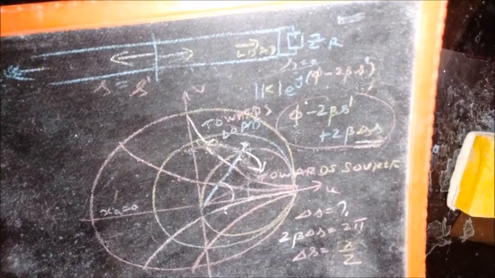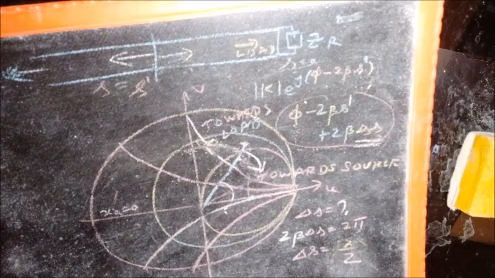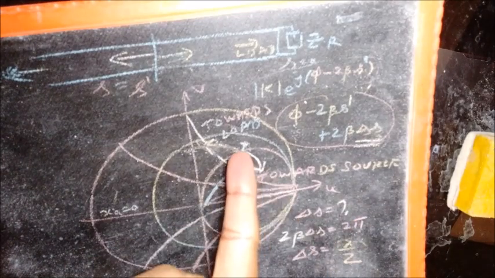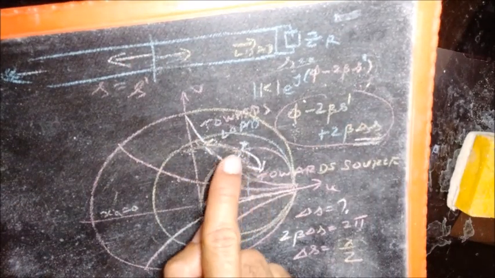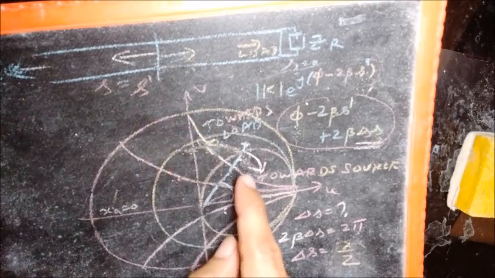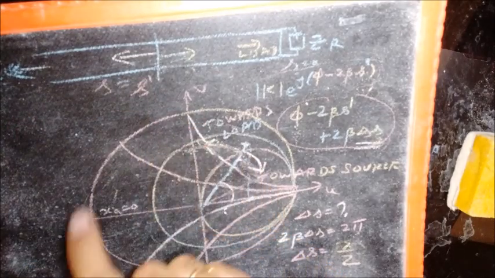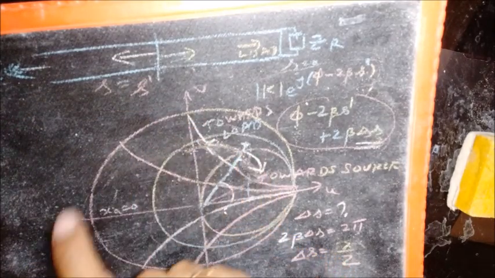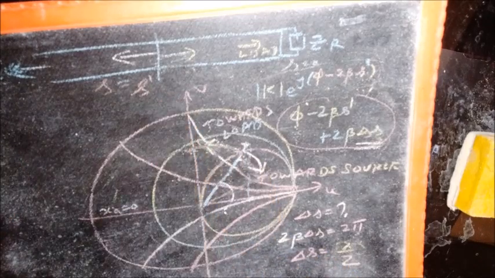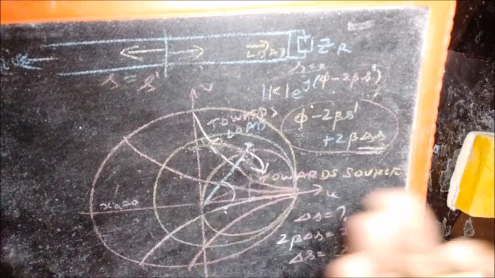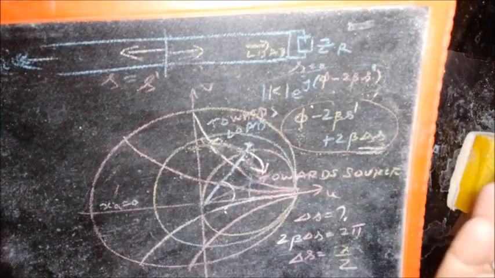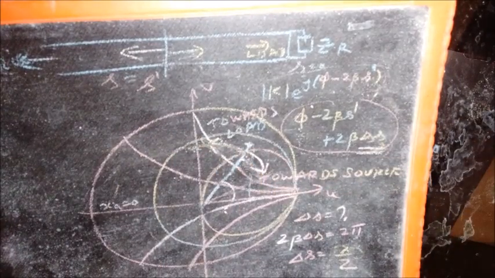So this is the next important observation. These points are very important. Remember, if you are moving in this direction on the Smith chart, you are going towards the load on the transmission line. If you move in this direction, you are going towards the source. One complete circling of the Smith chart refers to a movement of lambda by 2 on the transmission line. And by extension, if you move twice, it refers to a movement of lambda on the transmission line.